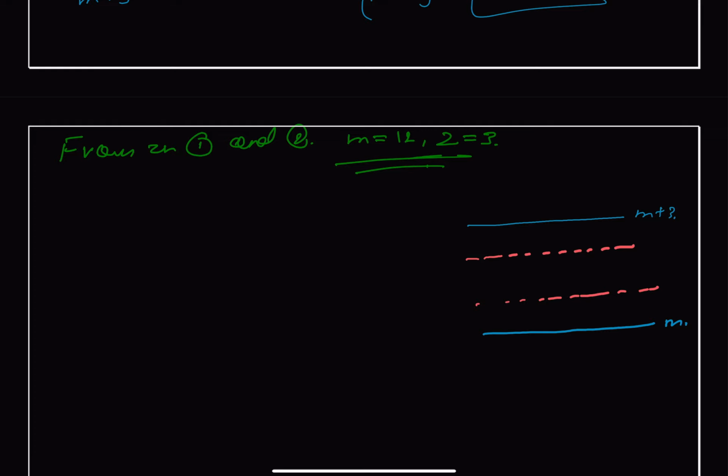We can draw the transition lines, and the total transition lines will give us 6.